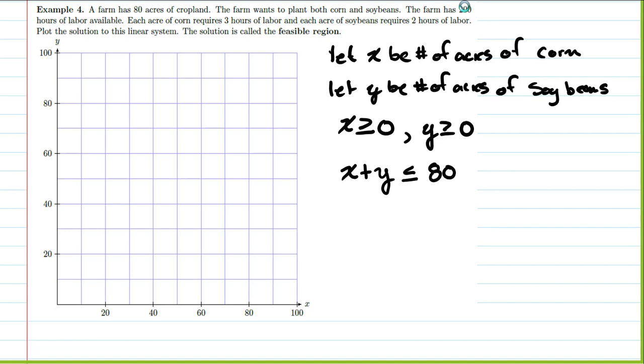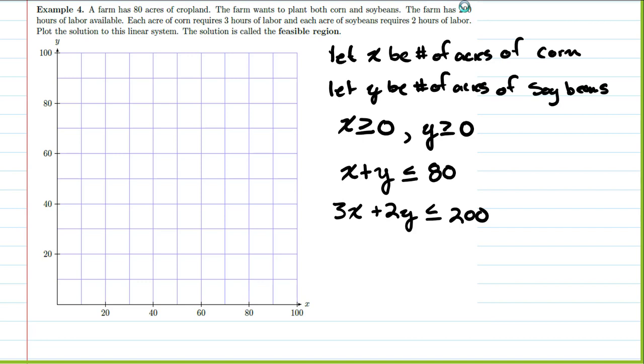So that's going to be 3 times x, the time to plant corn, plus 2 times y, the time to plant soybeans, has to be less than or equal to the amount of labor they have available, which is 200, right? So we now have a system of 4 inequalities.